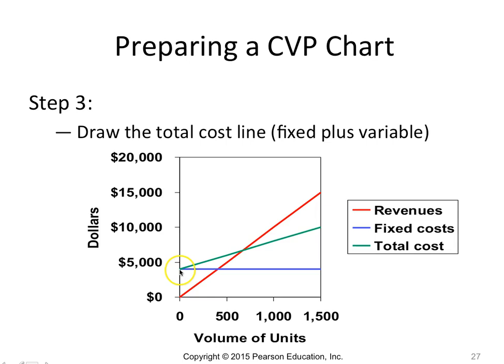The first point is often from this one. When the volume is 0, we have the fixed cost, and the total cost will be at this point. And then we find another one anywhere, and just link these 2 points, and we got a line. This is our total cost line.